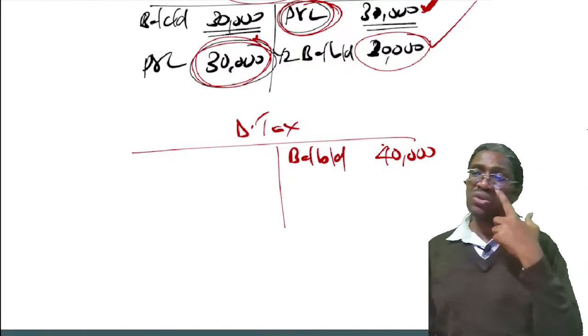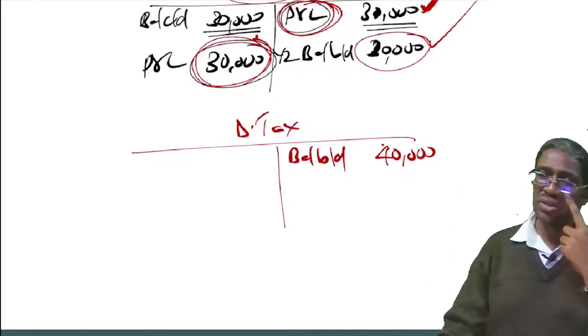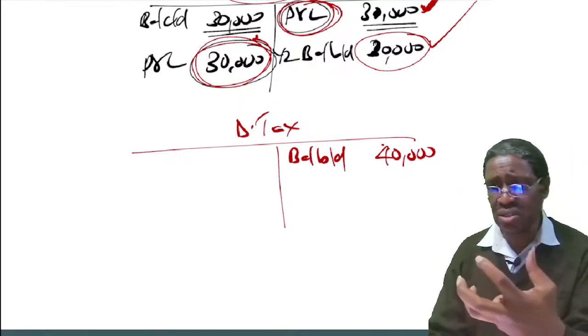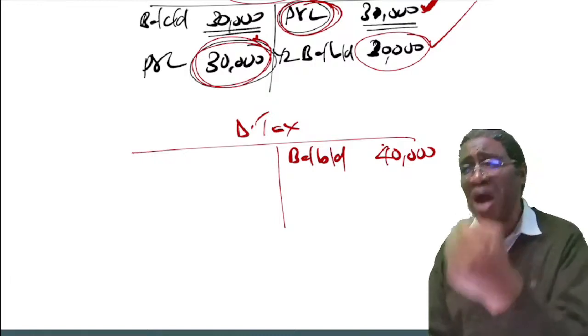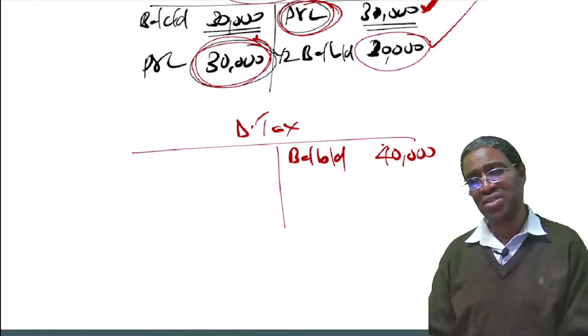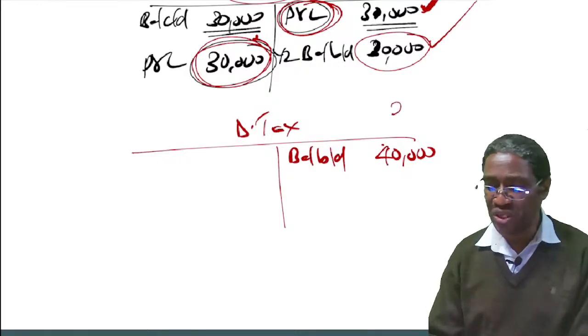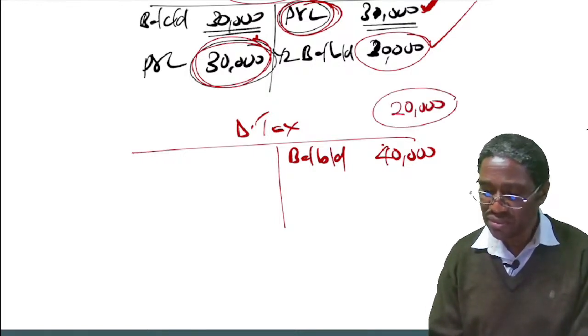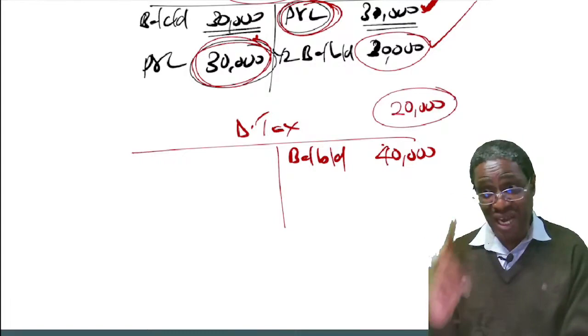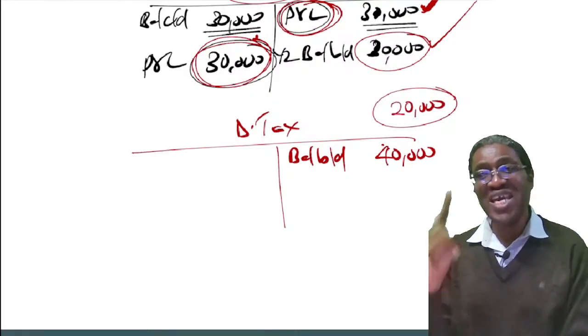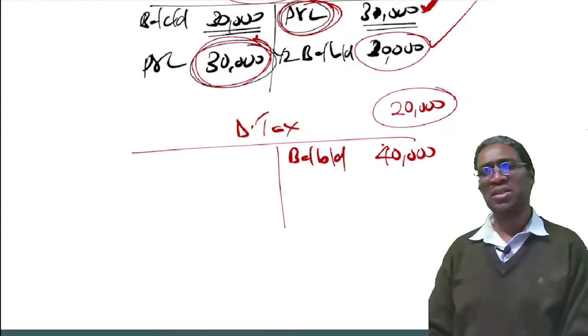Then they tell you, listen to this now, deferred tax to be increased by 20,000.